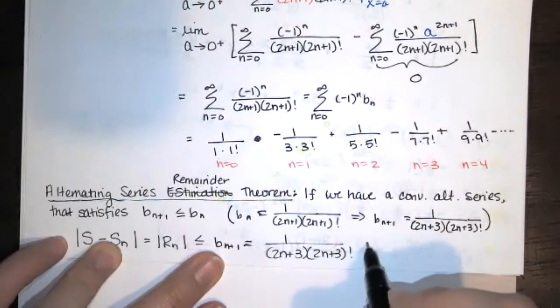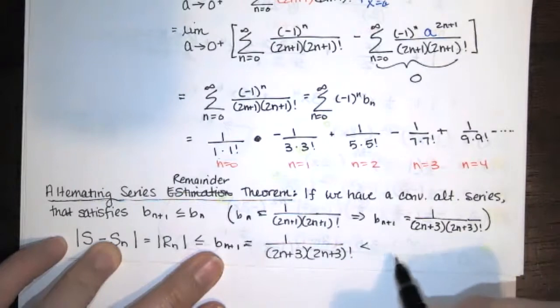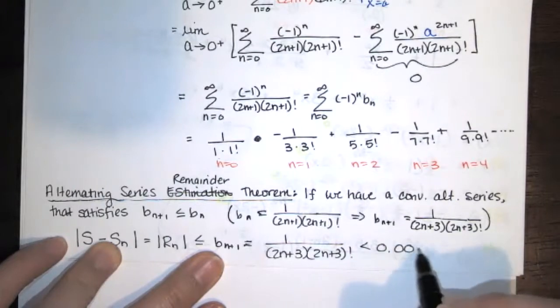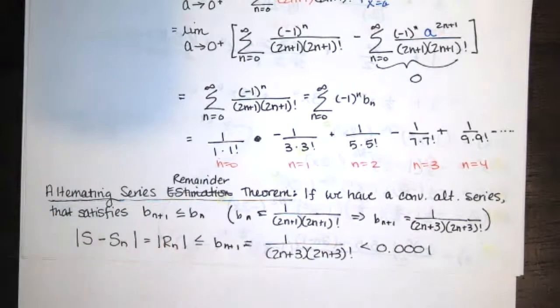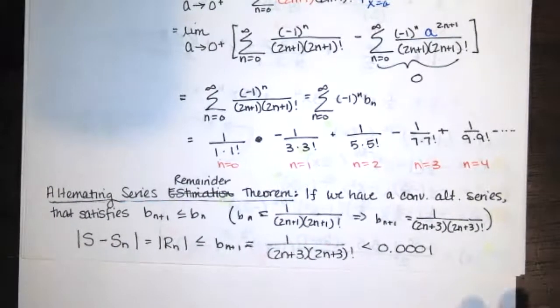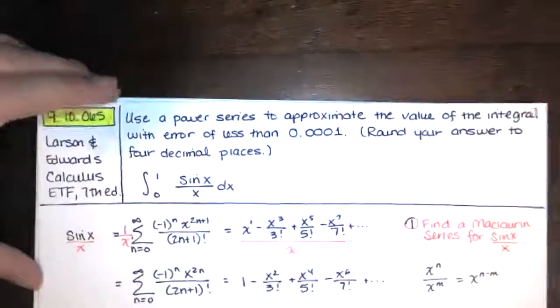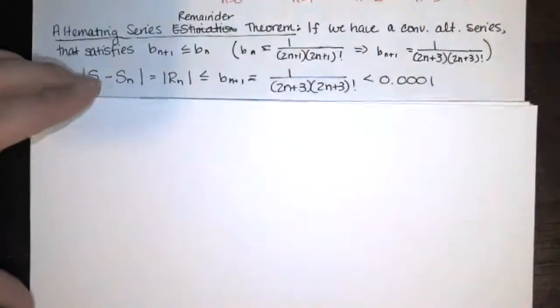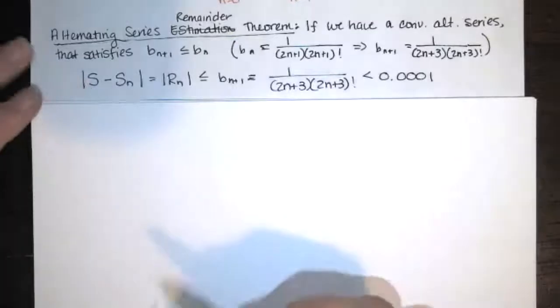And we want that number to be less than, or strictly less than, 0.0001. So we have to find the value of n that causes that expression to be less than 0.0001. And I wish I could tell you that I had a very sophisticated way of finding that value for n, but I really don't.